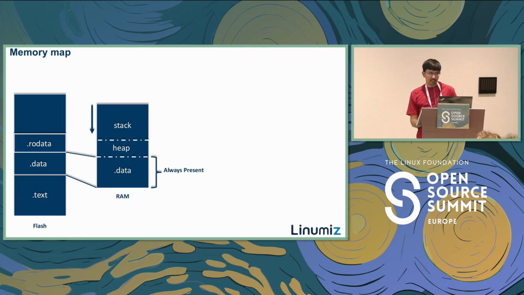Before that, let's see what really goes into the final RAM section. This is a simple representation. On the left, you see the flash with text, data, auto data, and whatnot. You create init sections and so on, all part of the flash when you flash a new binary into it. And on the right is the RAM section, where you have the data section, which is copied from the flash to the RAM during the initialization sequence.